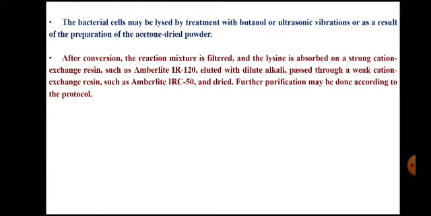Other ways of lysing the bacterial cells are butanol or ultrasonic vibrations. After conversion, this reaction mixture is filtered, then adsorption chromatography is used, then further purification is done by cation exchange resins such as Amberlite R120. Then the elution is done and further processing is done.